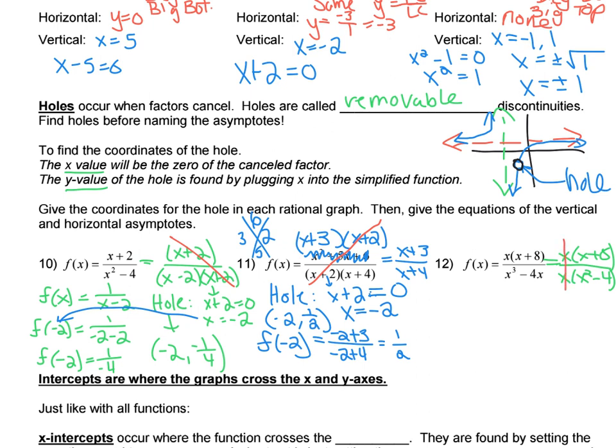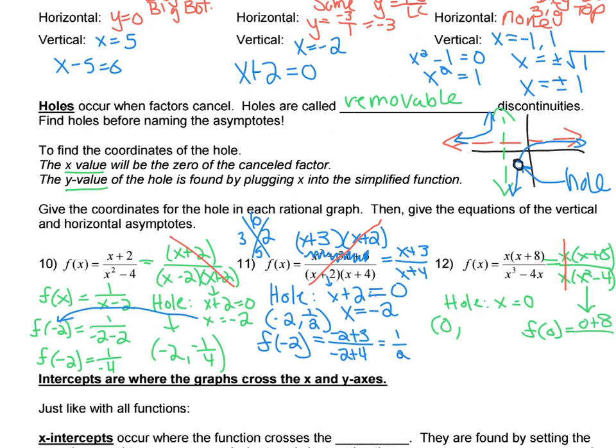So if I'm working with a hole, I take the canceled piece, set it equal to 0, and then we're good. X equals 0 is part of our hole. So start it with 0, and now we just need to find the y value. But the y value always gets plugged into what's left. So we need f of 0, and we're going to plug 0 into x plus 8, so 0 plus 8.